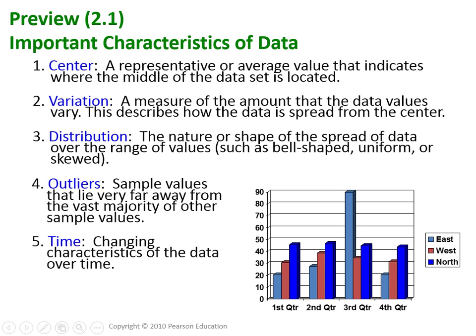Also, time is something that we have to look at. Changing characteristics of the data over time. If we were looking at how much money people made, looking at people's salaries, the average salary has been increasing over time.